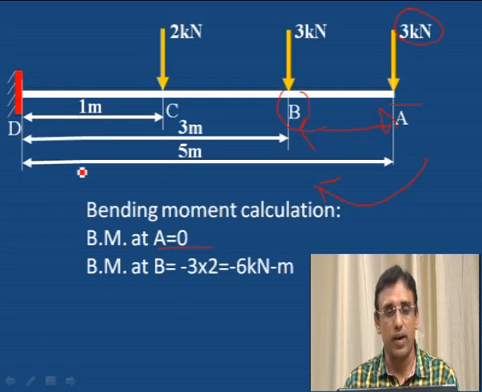What is the distance? 5 meter is the total span, and 3 meter from D to B. If you do 5 minus 3, you will get 2 here. That is 3 into 2. Minus 3 into 2 is equal to minus 6 kilonewton meter. This is the bending moment at B. Force into distance from the A point to B.